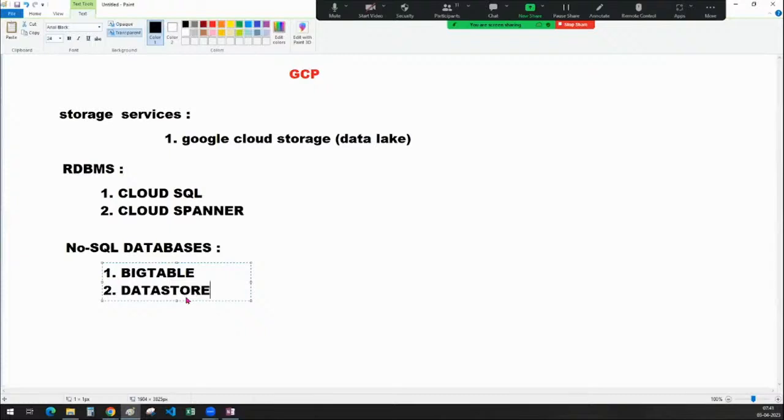Okay, so these are the two databases acting as NoSQL databases in GCP. One is Bigtable, one more is Datastore, guys. Okay, so these are all storage and database services.